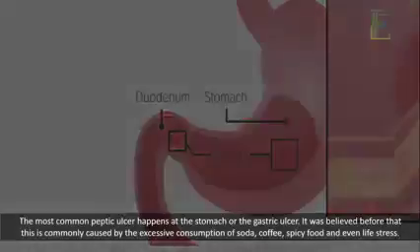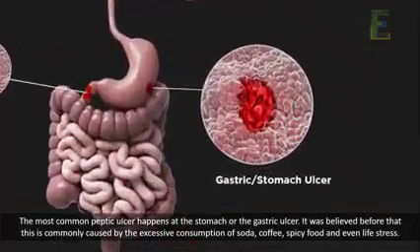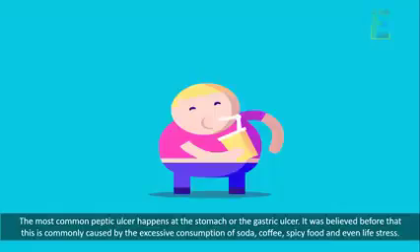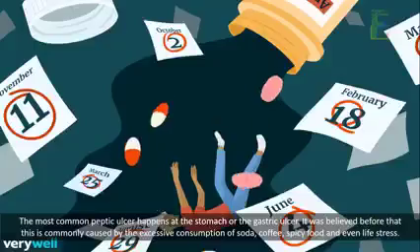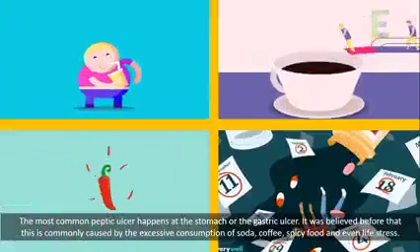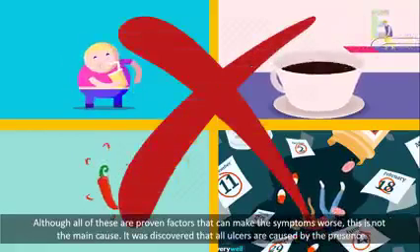The most common peptic ulcer happens at the stomach, or the gastric ulcer. It was believed before that this is commonly caused by the excessive consumption of soda, coffee, spicy food, and even life stress. Although all of these are proven factors that can make the symptoms worse, this is not the main cause.